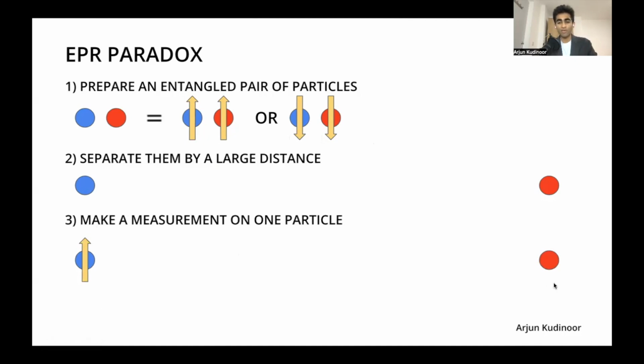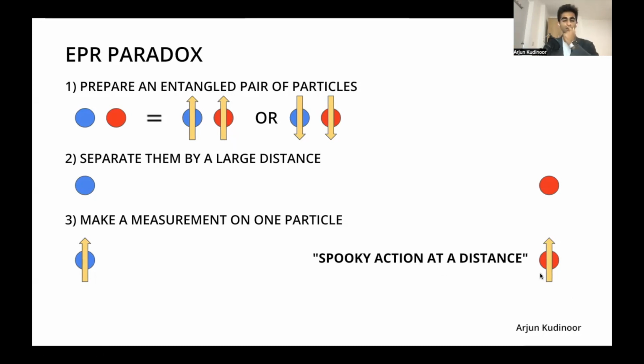Can anyone tell me what state this should be in? The up state, correct. Because if we find this one in the up state, the only other possibility for finding the second particle is also in the up state.